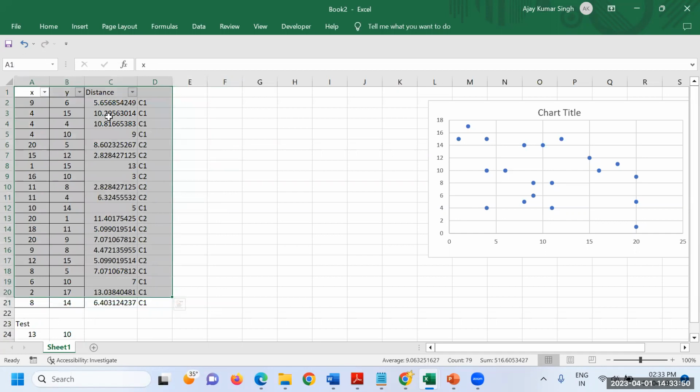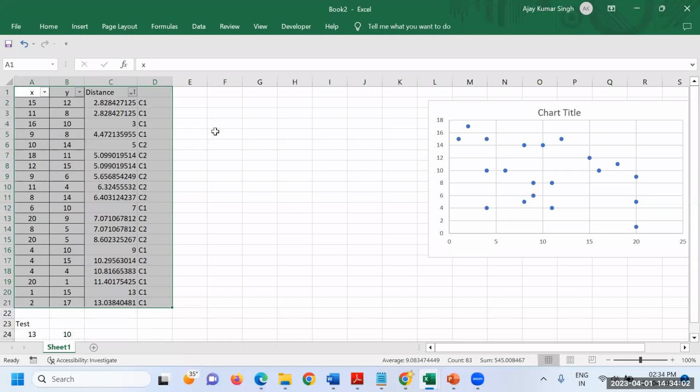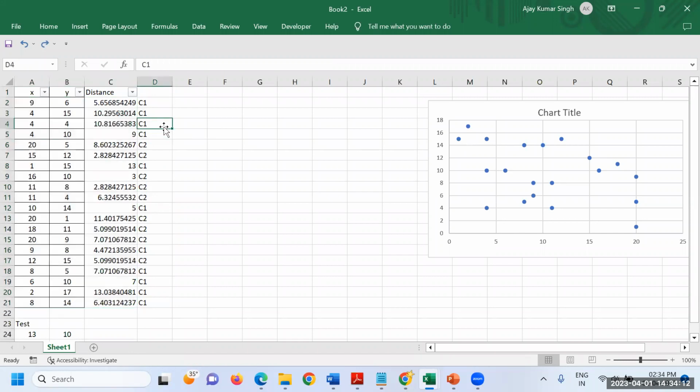Add data to be sorted. Then we are going to go for smallest to largest. At the same time, let's see whether this particular data has been changed or not. So this is also required. Otherwise, it is not going to give the correct output.